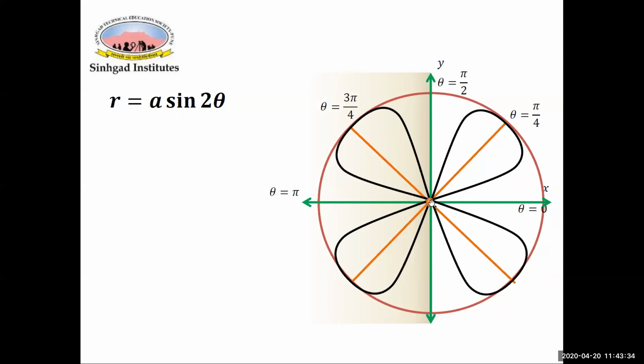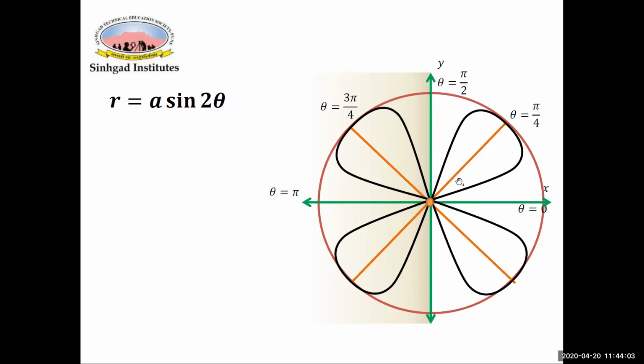So most importantly, what we have done: first, divided each quadrant into two equal parts, drawn the circle of radius a, and then the first loop is drawn along the line theta equal to pi by 4. Since n is even, we are drawing the loops continuously between the region 0 to 2 pi. So this is the curve r is equal to a sin 2 theta.